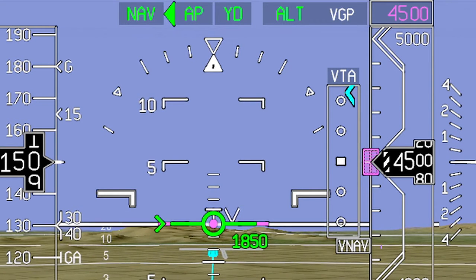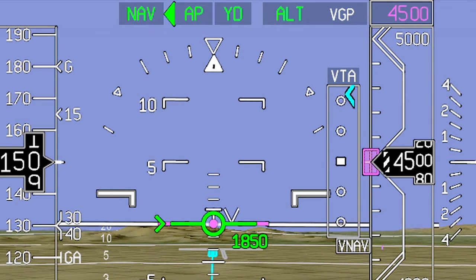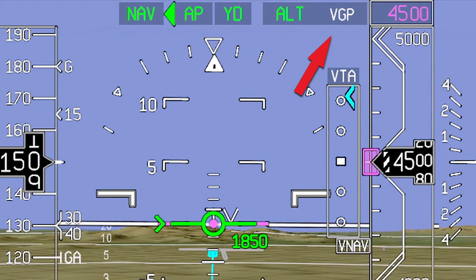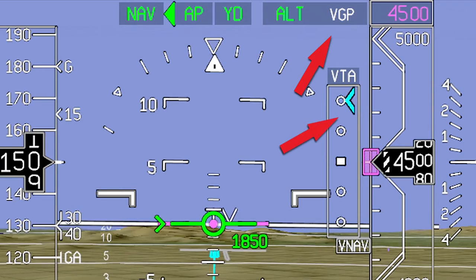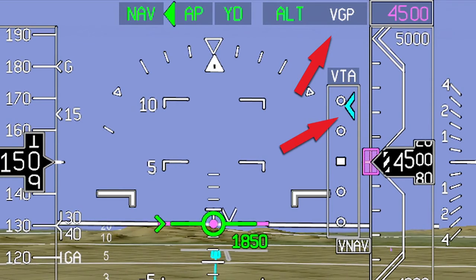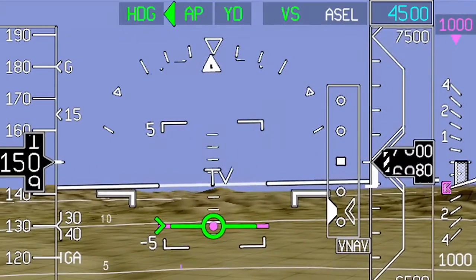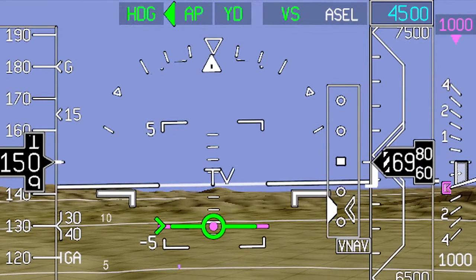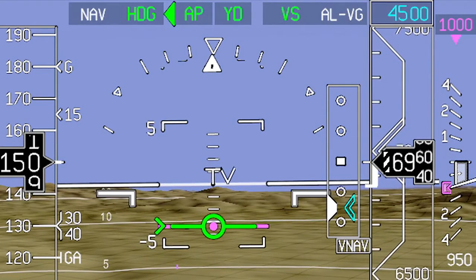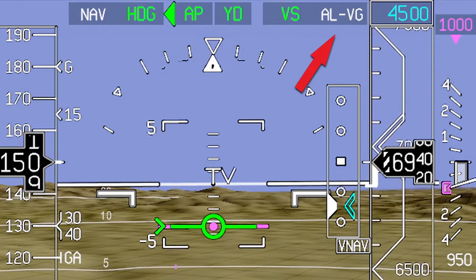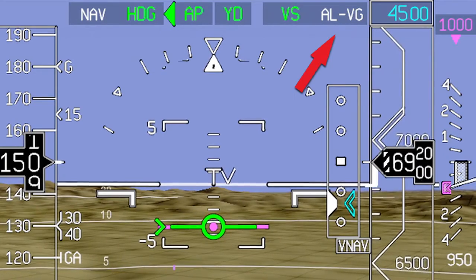When VGP mode is armed, VGP is shown in white on the PFD, and deviations are shown using a cyan vertical deviation pointer. When VGP mode is armed concurrently with the altitude select mode, ALVG is displayed in the armed field of the PFD.